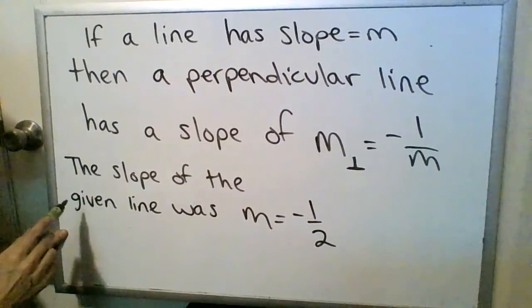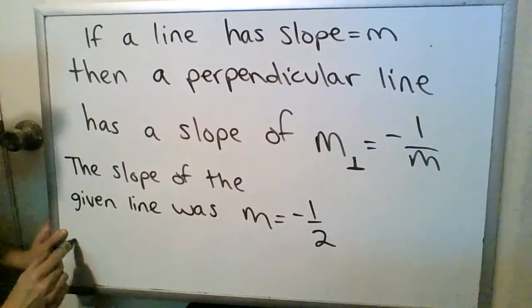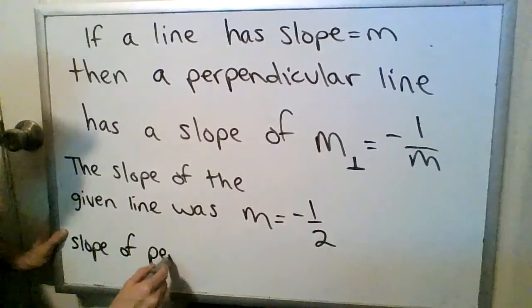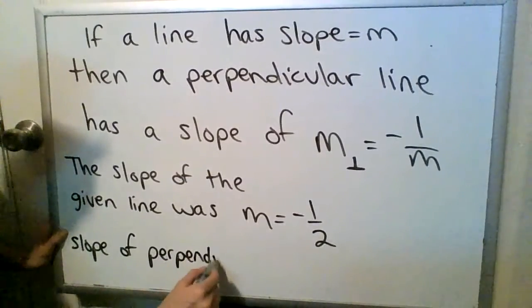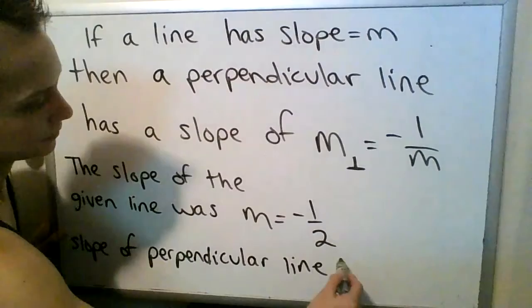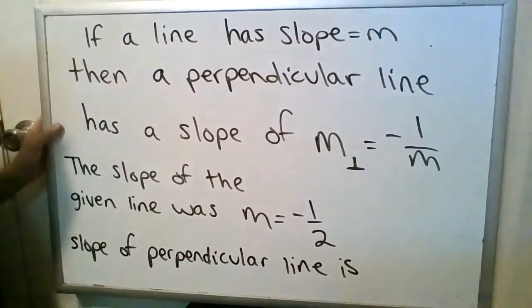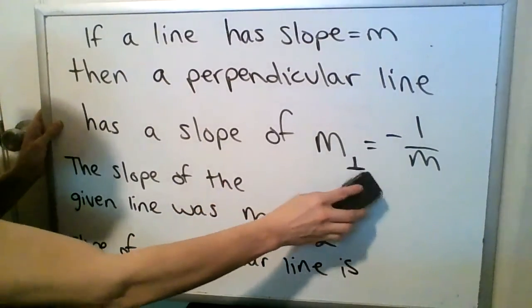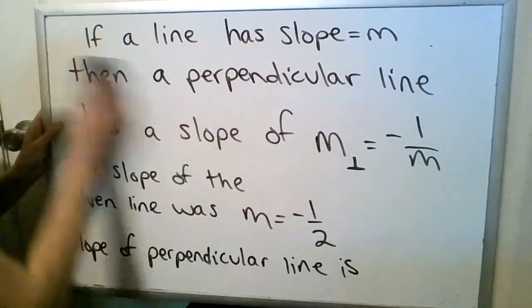So the perpendicular line needs a slope of, we're calling it m with a subscript with this perpendicular symbol.